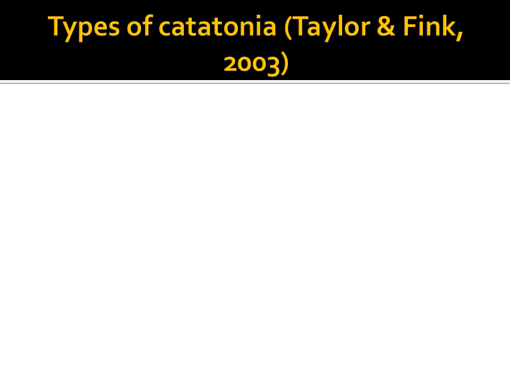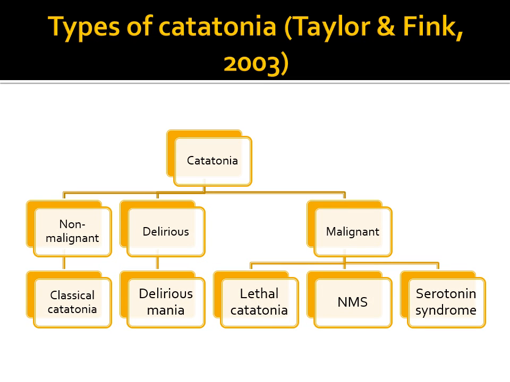And Taylor and Fink have proposed this classification, where they divide catatonia into non-malignant, delirious, and malignant subtypes. And non-malignant catatonia is the classical catatonia. Delirious catatonia is delirious mania, while malignant catatonia includes lethal catatonia, neuroleptic malignant syndrome, and serotonin syndrome.